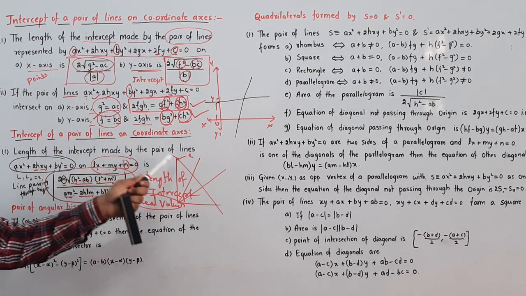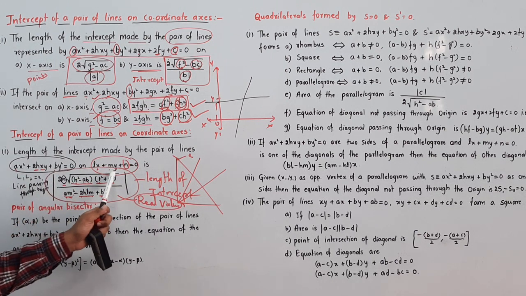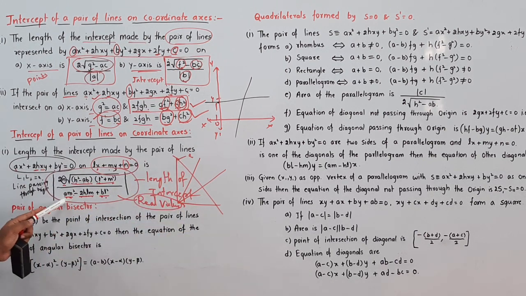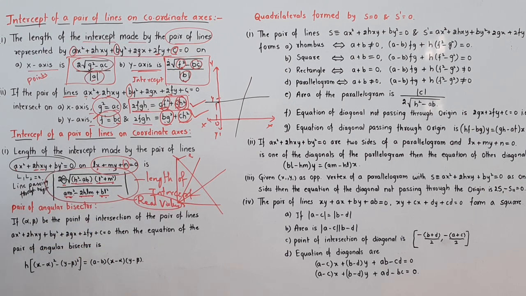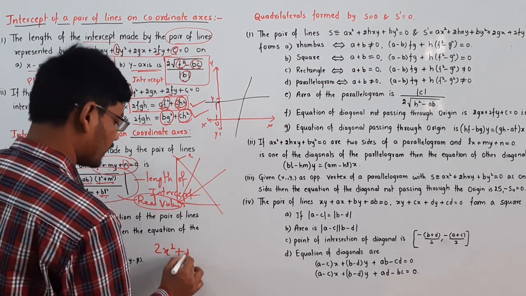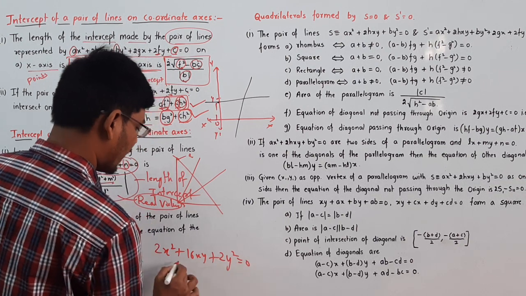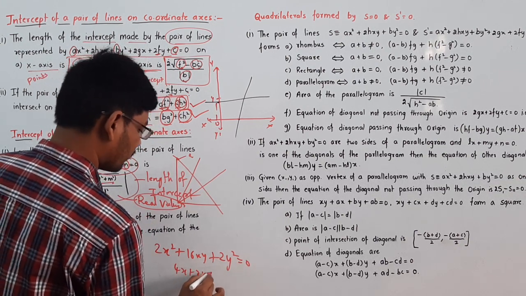The length of intercept made by a pair of straight lines, when the two lines are passing through the origin and a line is taken, is given by this formula. In this formula, you substitute the values, for example 2x square plus 16xy plus 2y square equal to 0, and 4x plus 3y plus 5 equal to 0.